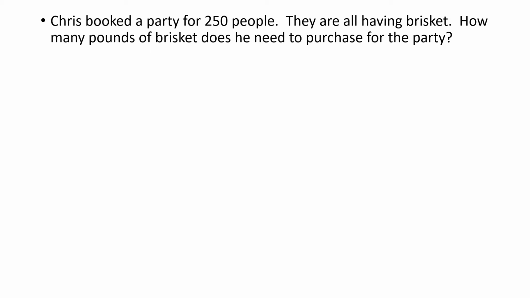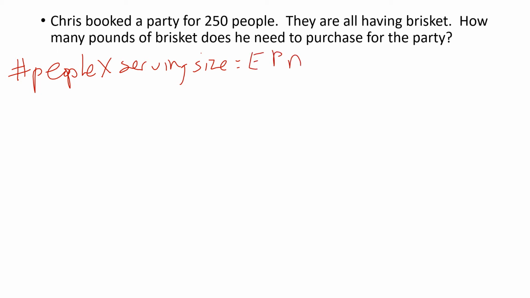So we're in words, no numbers yet. The number of people times the serving size equals edible portion needed. Now, I have to apply the yield factor. So using my triangle over here: edible portion, percentage, and then my as purchased.